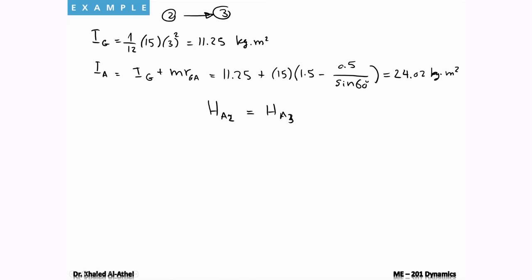Okay, so it's going to be the first component M Vg2 times RGA, the distance between G and A, plus Ig omega 2. This should equal, now let's look at the second part.